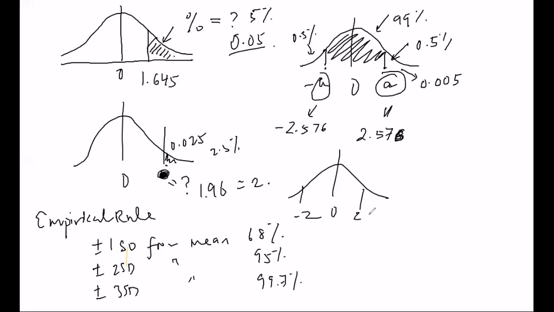Here your mean is 0, this is minus 2, so here we'll take up 2.5%. Of course 1.96 is more exact, but if you know the empirical rule well, then without checking the table you know that it's roughly 2. Right, okay, so that's great. Let me clear this. Then we can go to the other questions.